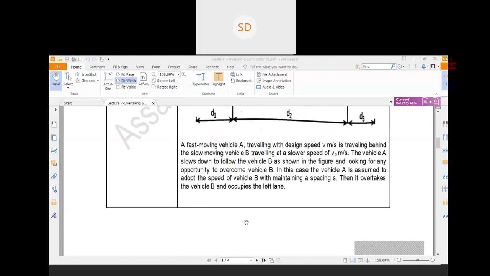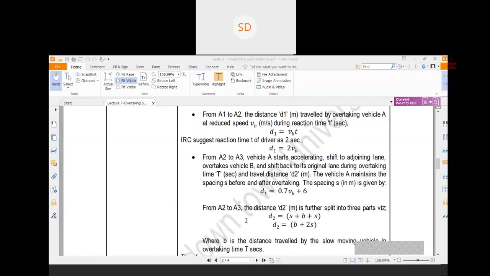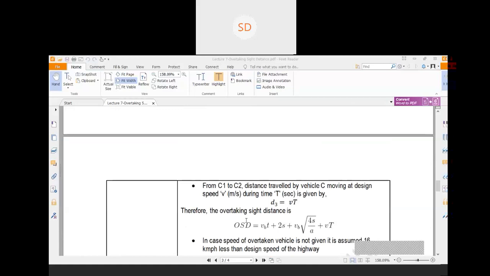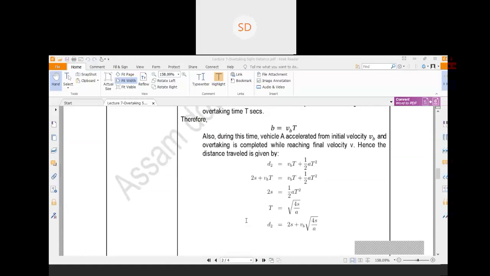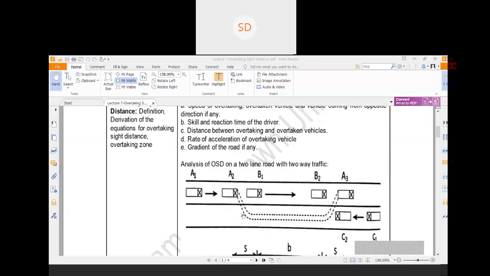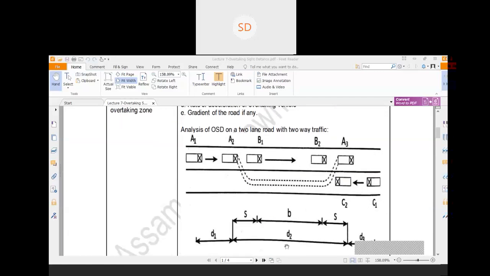After getting the value of T, that d2 distance is basically, as I have already discussed and as you can see from the figure, b plus 2s. Now you know the value of s is 0.7 Vb plus 6.